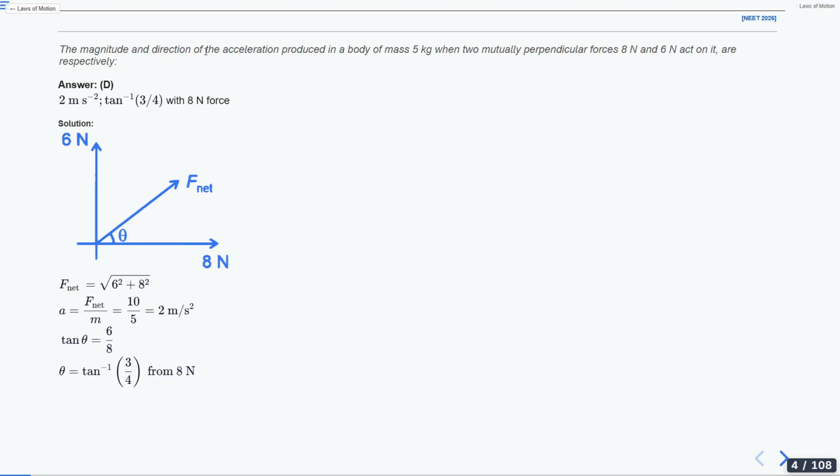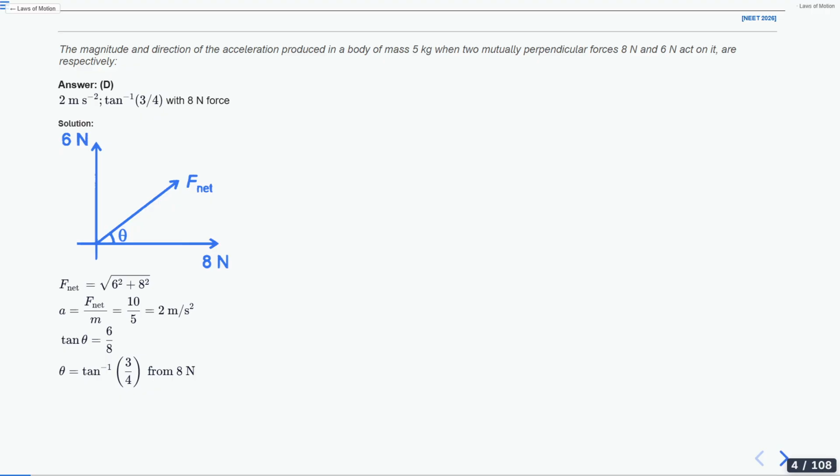Now I want to find the acceleration, not the force. To find the acceleration, F equals ma by Newton's second law, so acceleration equals F divided by m. That will be 10 divided by 5, which gives 2 meter per second square. This is only the magnitude, but I want to find the direction as well.